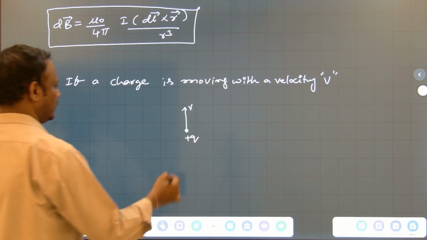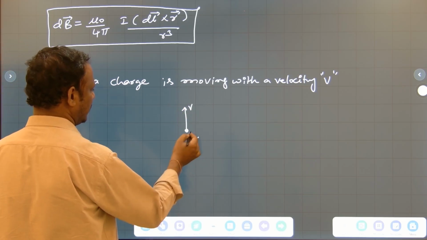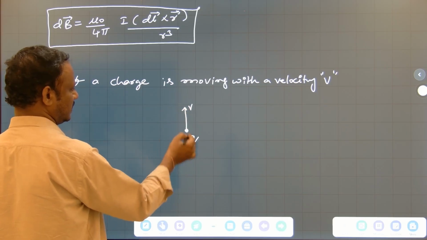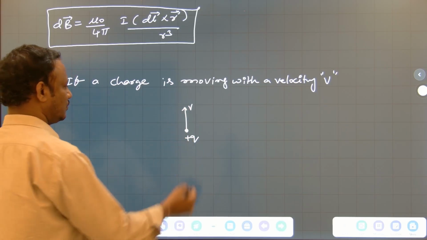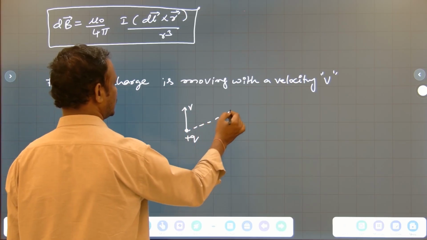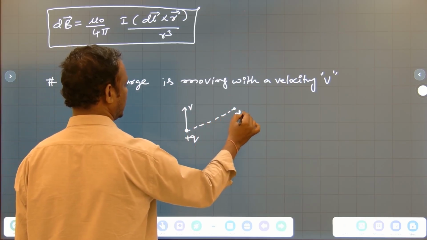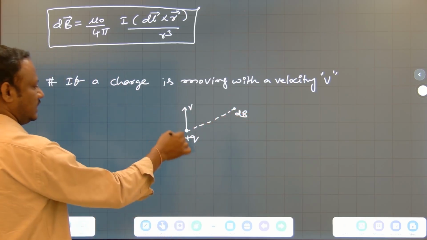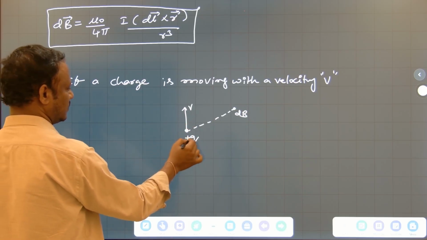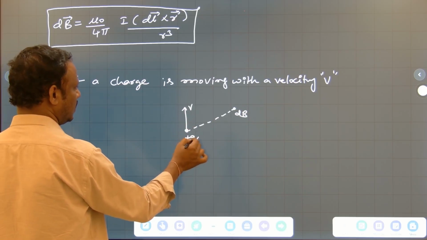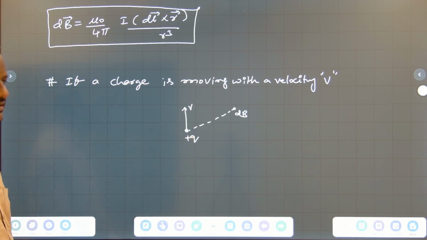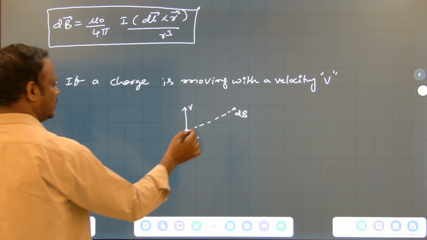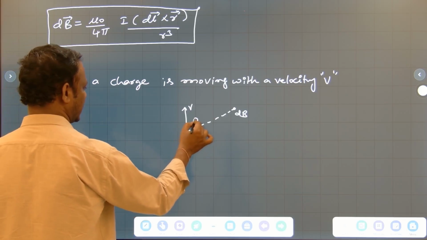Next, if it is moving like this in the field, I need to find the magnetic field at this position. This is plus q, the charge element, and the velocity makes an angle theta.